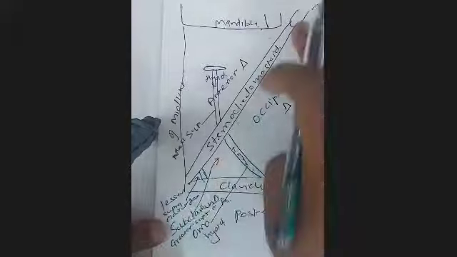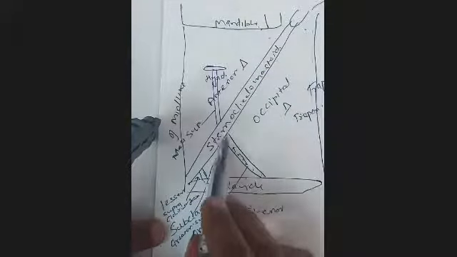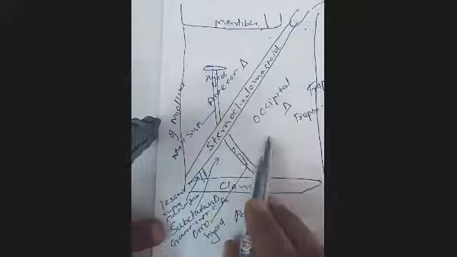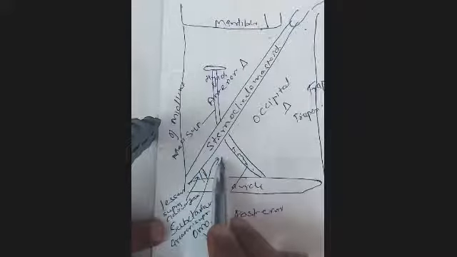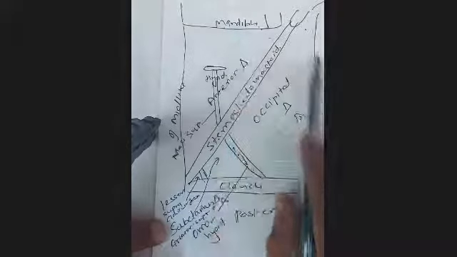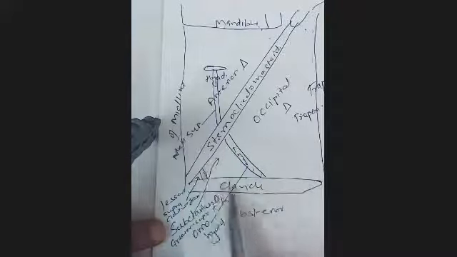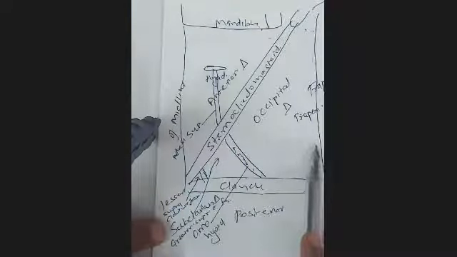Posterior triangle is divided by inferior belly of omohyoid into occipital triangle and subclavian triangle. The neck looks like a quadrangle with mandible, then midline of neck, clavicle, and trapezius.